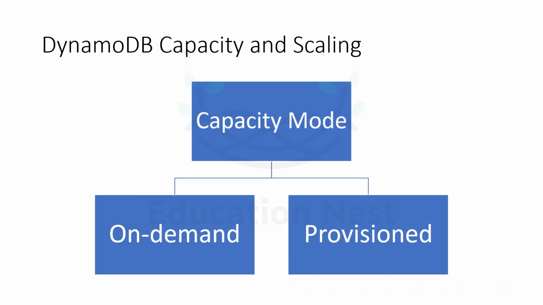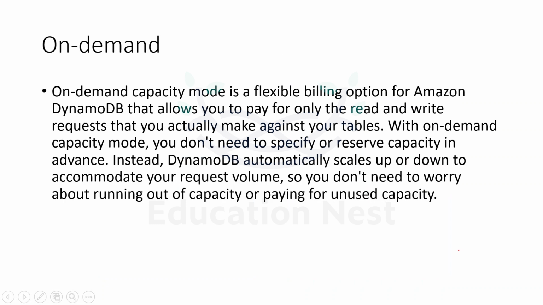Now we will be talking about DynamoDB capacity and scaling. There are two capacity modes of DynamoDB: on demand and provisioned capacity mode. Let us discuss this first of all.